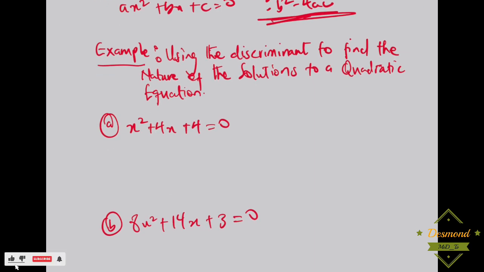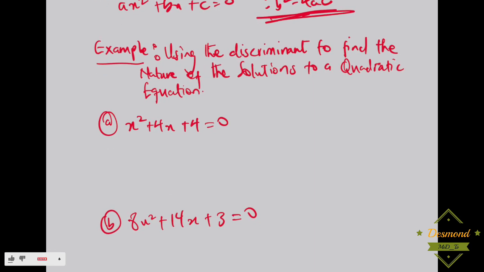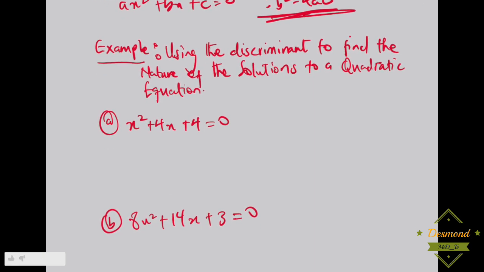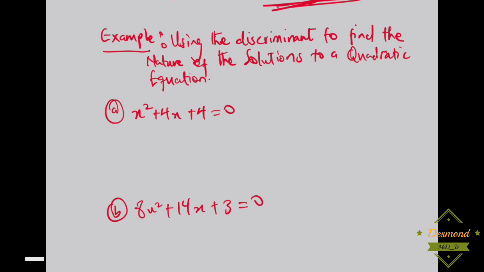With our first example, we have the quadratic equation s squared plus 4s plus 4 equal to 0. Let's calculate the discriminant using the formula b squared minus 4ac. A is 1, b is 4, and c is 4.